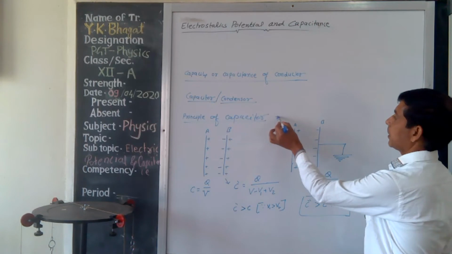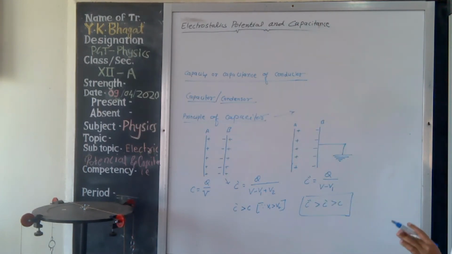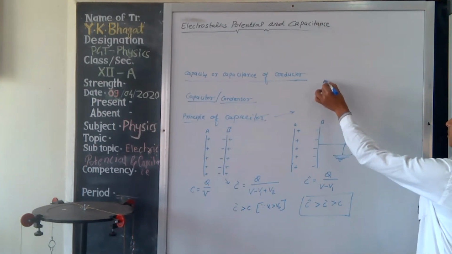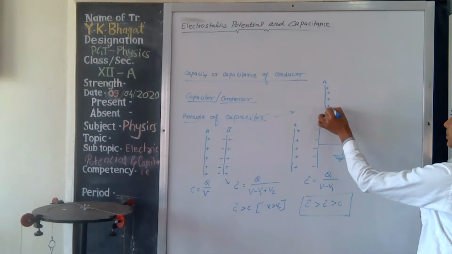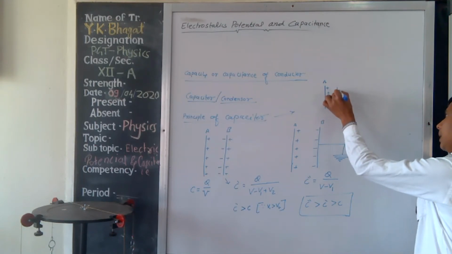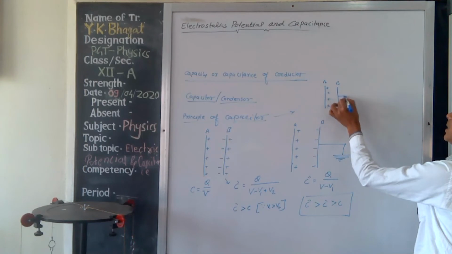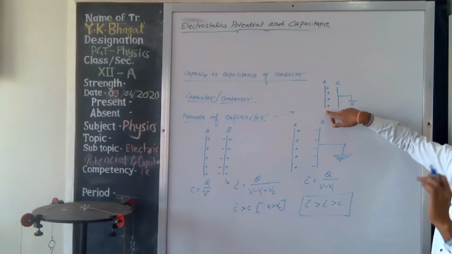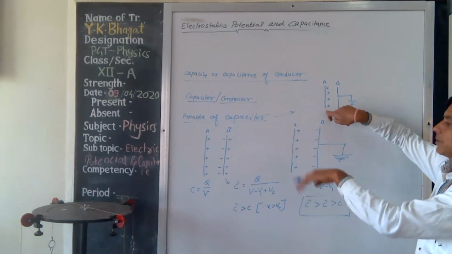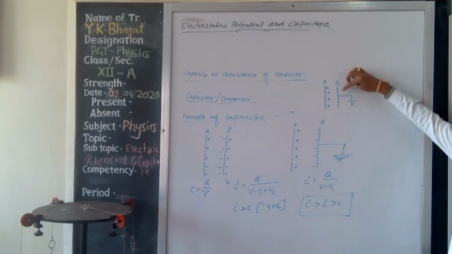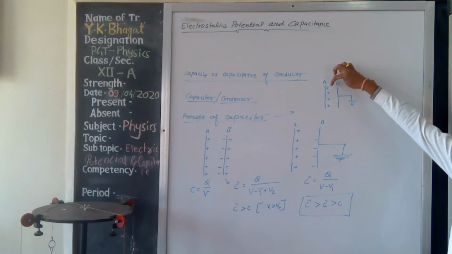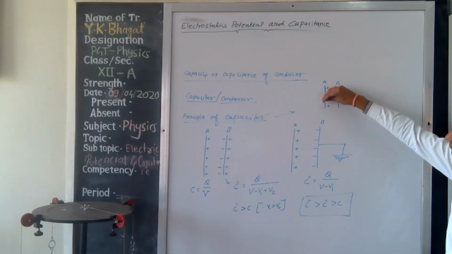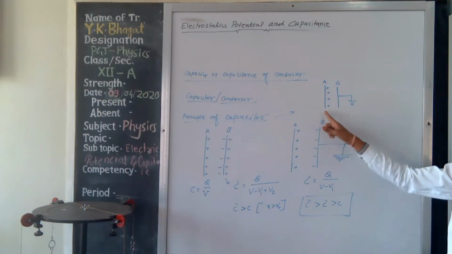In one line, the principle of the capacitor can be written: when an uncharged earthed conductor is placed near a charged conductor, please bear this in mind, it is the important point of this topic, its potential decreases and hence its capacity increases.